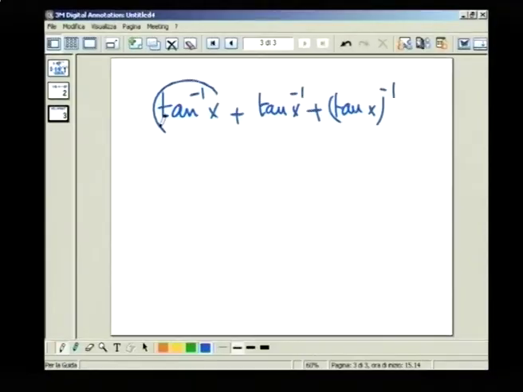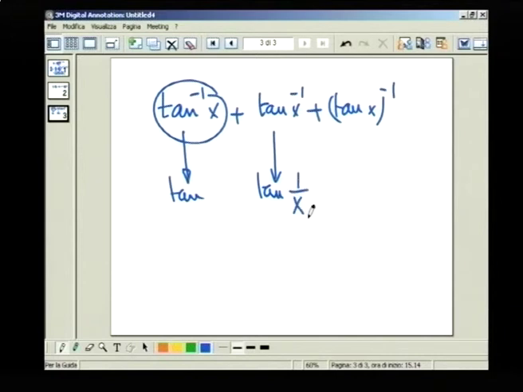Symbols used for functions, sometimes they substitute this, for example, arctan. But anyway, this is the inverse function of the tan, whereas this is the tan of 1 over x. This is a composite function, whereas this one is the cotan function of x. So you see they are different, and each one, of course, has a different derivative.